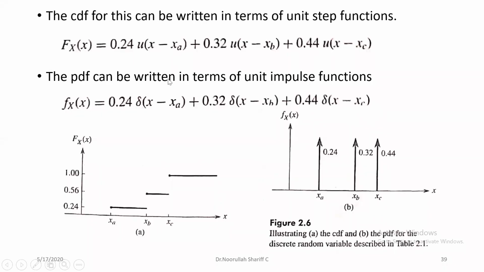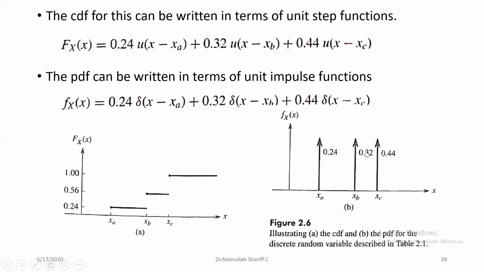So the PDF, or PMF as it is sometimes known, can be written in terms of the unit impulse function. It is written as fx(x) equal to the same expression, where you just replace the u by del. u is the unit step function, as we know very well from signals and systems, and del is the unit impulse function.